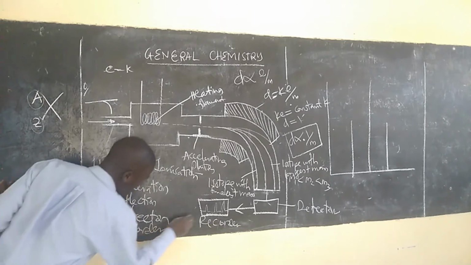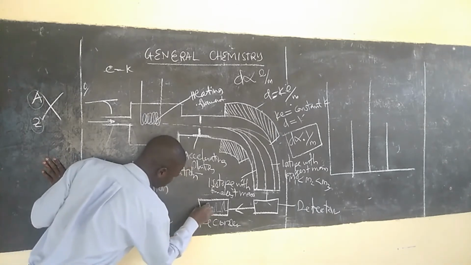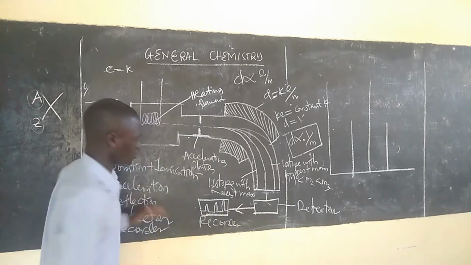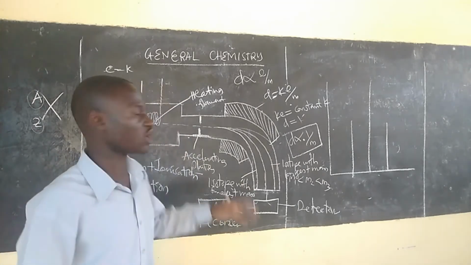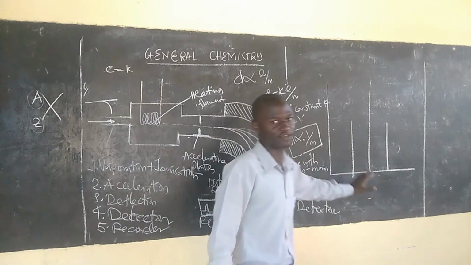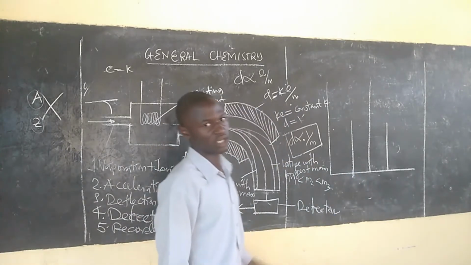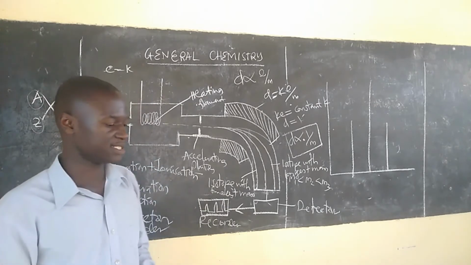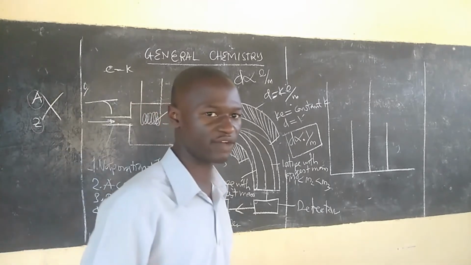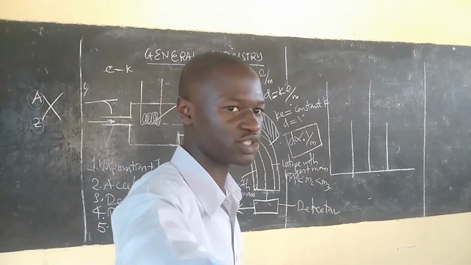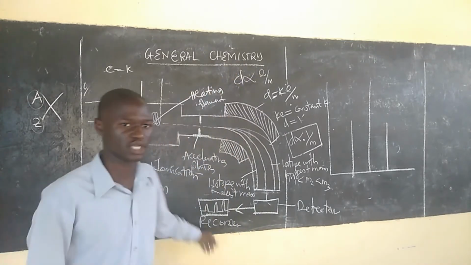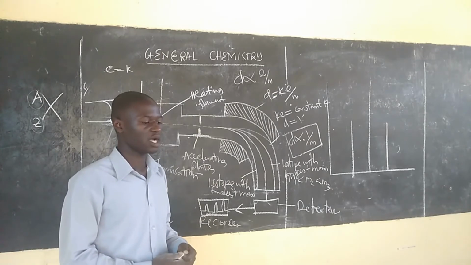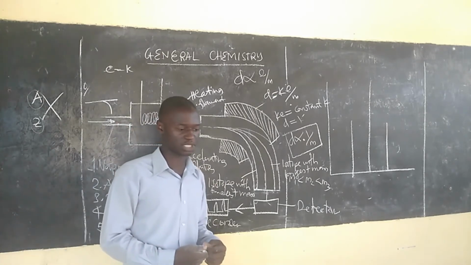From the recorder here we'll have graphs, kama nilivyosema tutakuwa na graphs hapa. Kwenye recorder hizi graphs tukizichukua tukaziplot zitaonekana kama hivi. Tukizichukua hizo graphs za kwenye recorder tukaziplot zitatengeneza a graph like that one. So you get the notes, and from the notes you see all of these, how the mass spectrometer works.